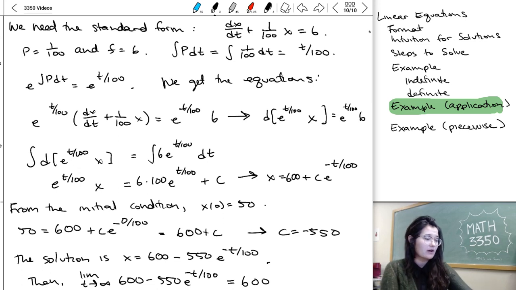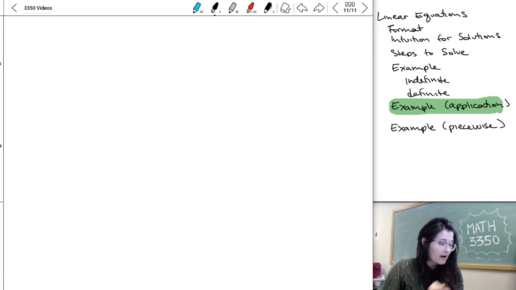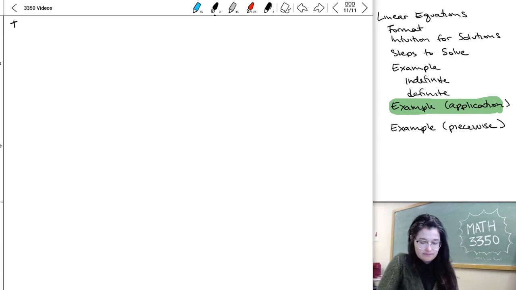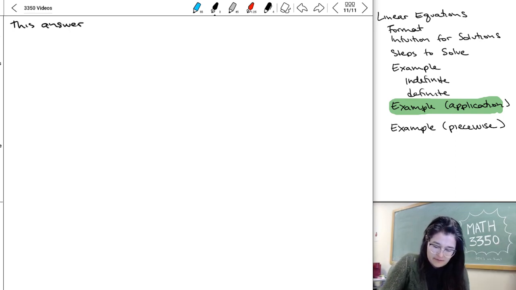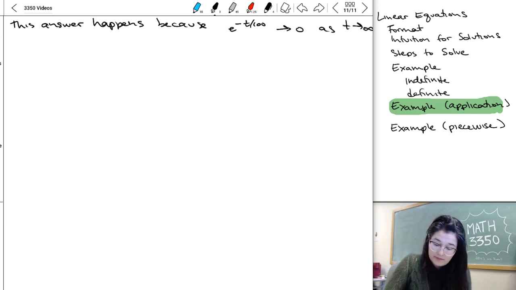I do want to talk a little bit about what all the parts in this answer are though, so I'm going to have to switch pages on you. But I just want to note that we get this answer because e to minus t over 100 goes to 0 as t goes to infinity.